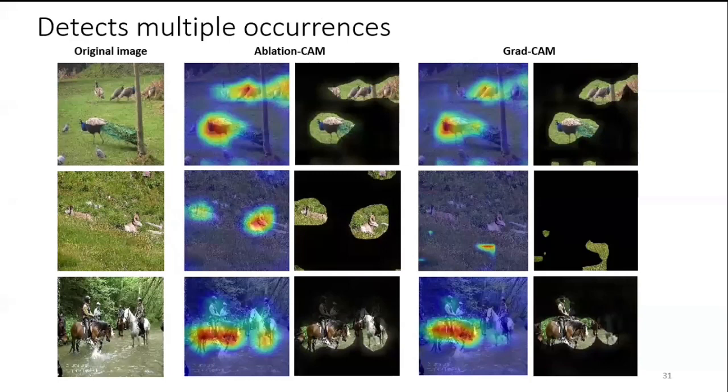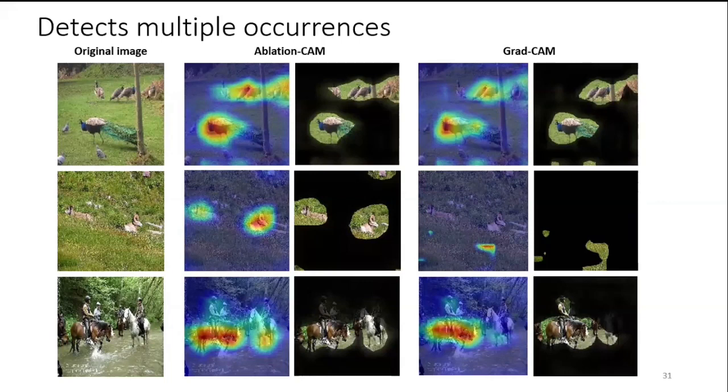Someone asked me how it performs in detecting multiple occurrences of the same category. I wouldn't say that Grad-CAM doesn't detect multiple categories at all, but the issue with gradients is that they need to be scaled again.